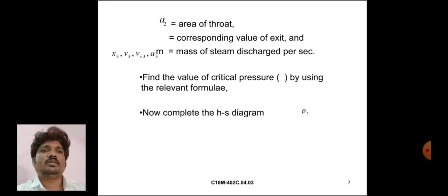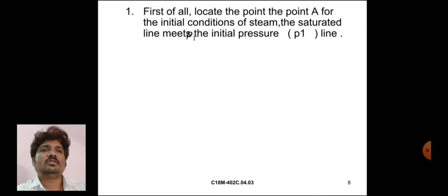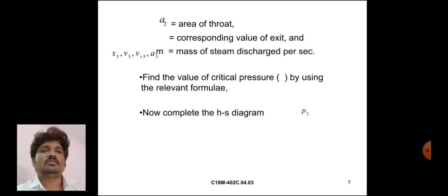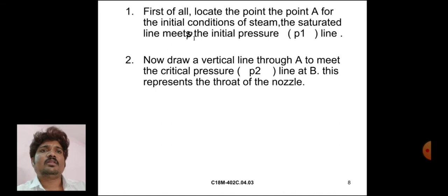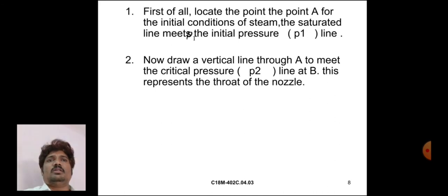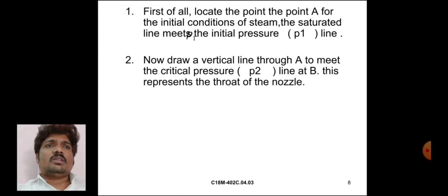Now complete the HS diagram as shown in this figure. First of all, locate the point A for the initial condition of steam.